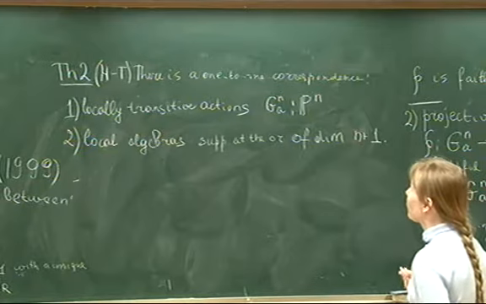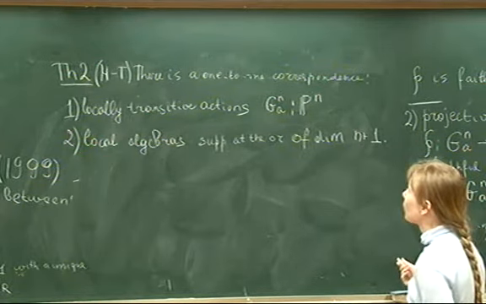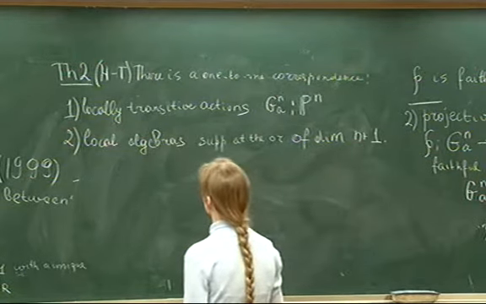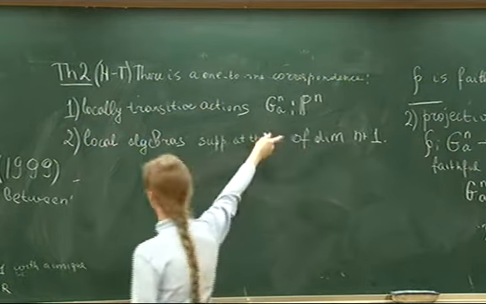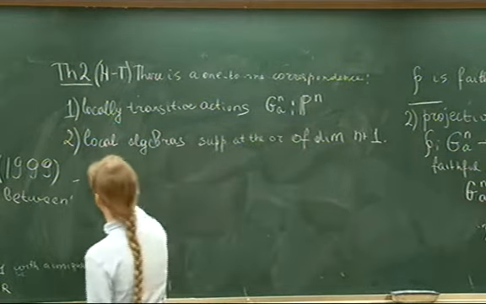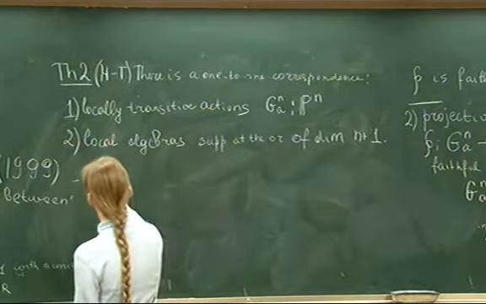This theorem helped Hassett-Tschinkel list all locally transitive actions for n less or equal than 4.